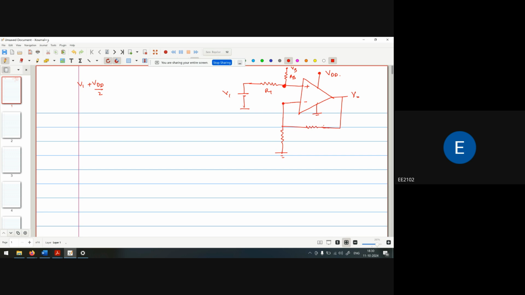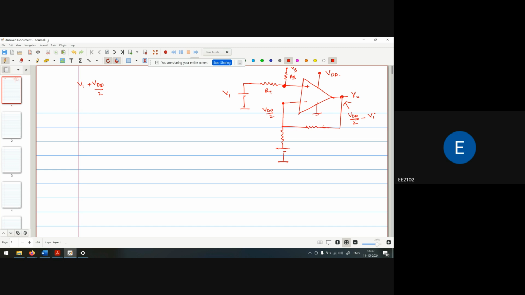We are getting the voltage VDD by 2. With respect to this, we are getting here the voltage VDD by 2 minus V1.